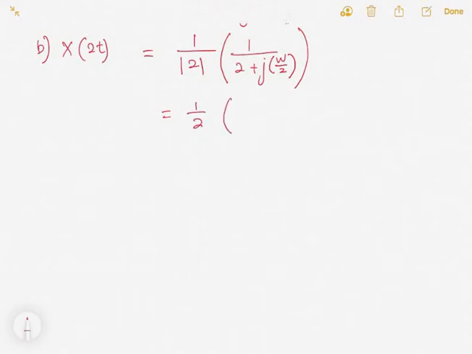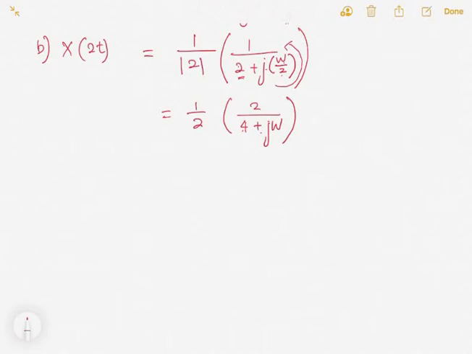And then this one, if we make the numerator and the denominator the same, we get 2 over 4 plus j omega. Because this part 2, this one you have 2 plus j omega over 2. So 2 times 2 you get 4. So 4 plus j omega over 2. So you bring the 2 up, and you get 2 over 4 plus j omega. Do you understand, class?